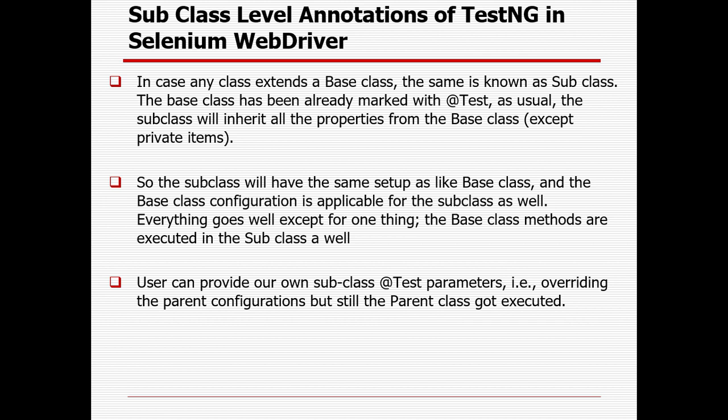Everything goes well except for one thing: the base class methods are always executed in the subclass. In case you are not changing it to enabled equal to false, the user can provide their own subclass test parameter as well, overriding the parent configuration, but still the parent class will be executed.